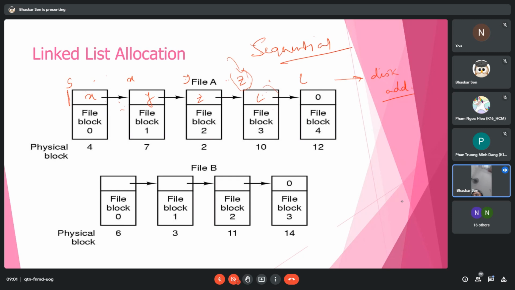As I said, even if the file system wants to jump straight to this block, it will eventually have to start from the beginning, because we were storing the disk address of each block in the previous block. So that is one of the problems that we will have to deal with.